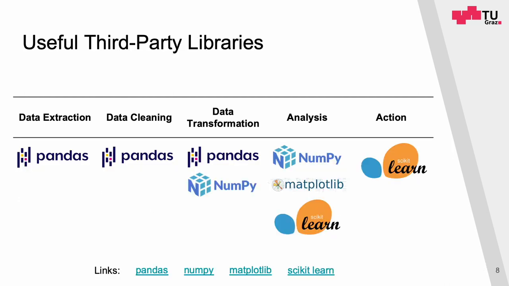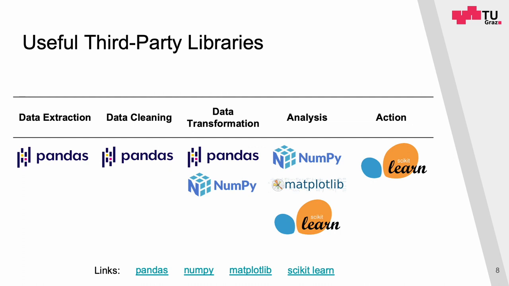Here you can see some useful libraries for this data analysis pipeline. And as you see, for the first 3 steps in the data analysis pipeline, namely data extraction, data cleaning and data transformation, one can use, for example, the pandas library. And then for the data transformation and analysis step, one could also use, for example, the NumPy library.